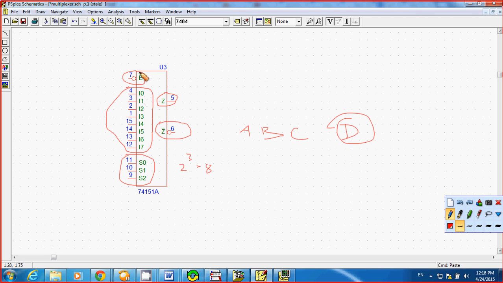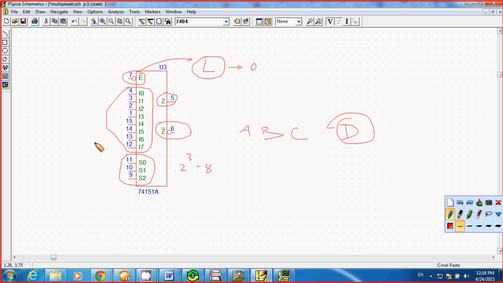E is the enable, and if you connect it to the high level, it's going to force the output to be 0. But here we're going to connect the enable pin to low level, or digital logic 0, to make the circuit work.